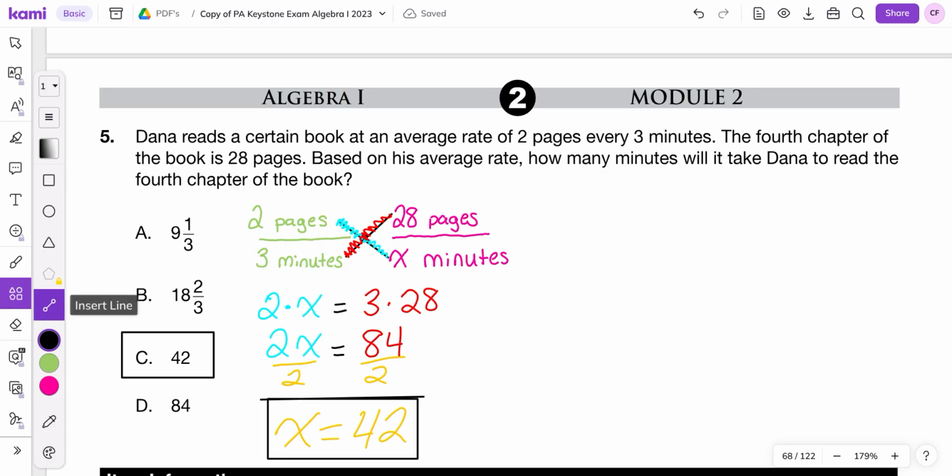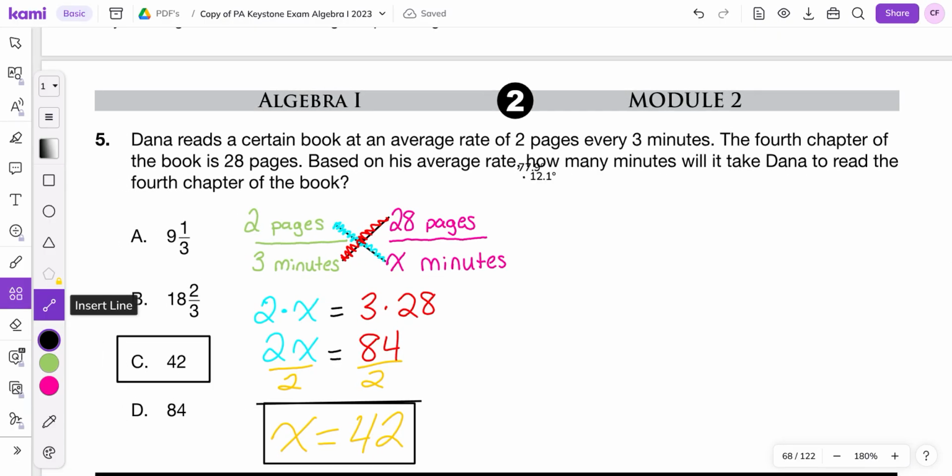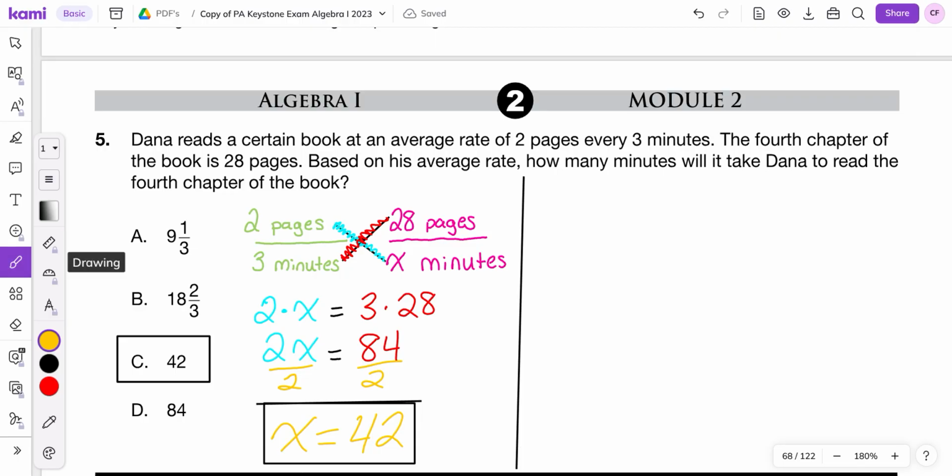Another strategy to solve this in a potentially different way might be to figure out how many minutes per page it takes them. So, if we're trying to figure out how many minutes per page, what we would have to do here is the following.